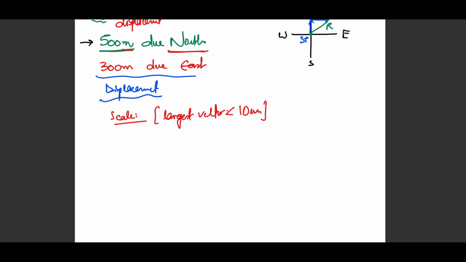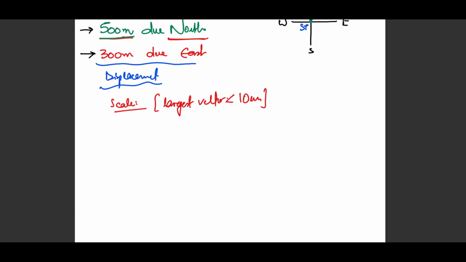The largest vector in my question is 500 meters. So I choose 500 meters as the value I'm going to refer to in order to design my scale. I need to make sure that 500 meters, when I represent it in my notebook, is less than 10 centimeters. So the scale I choose is 100 meters in real life to 1 centimeter in my notebook.